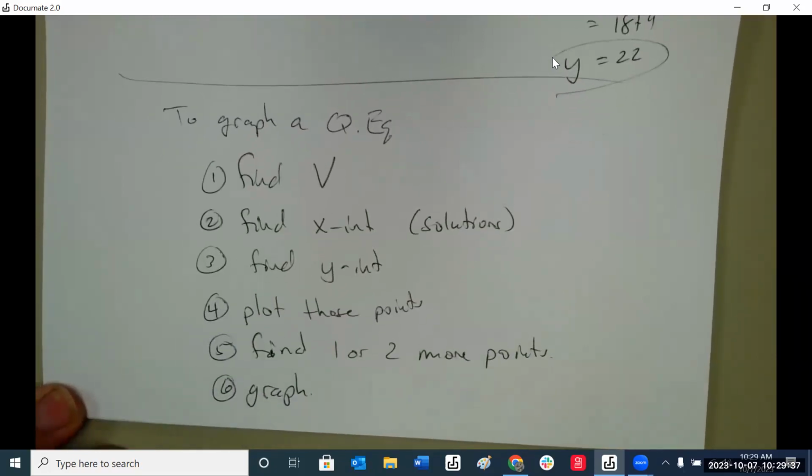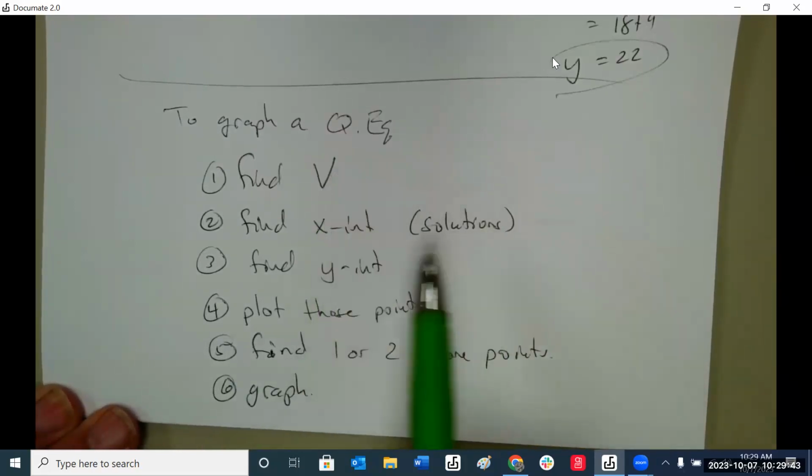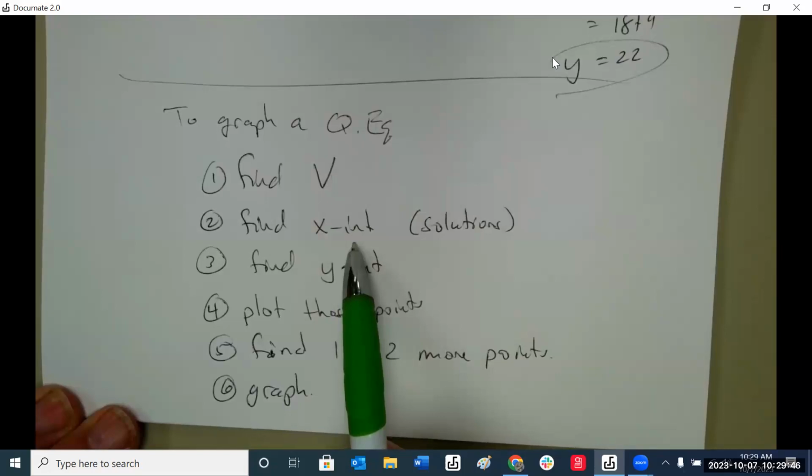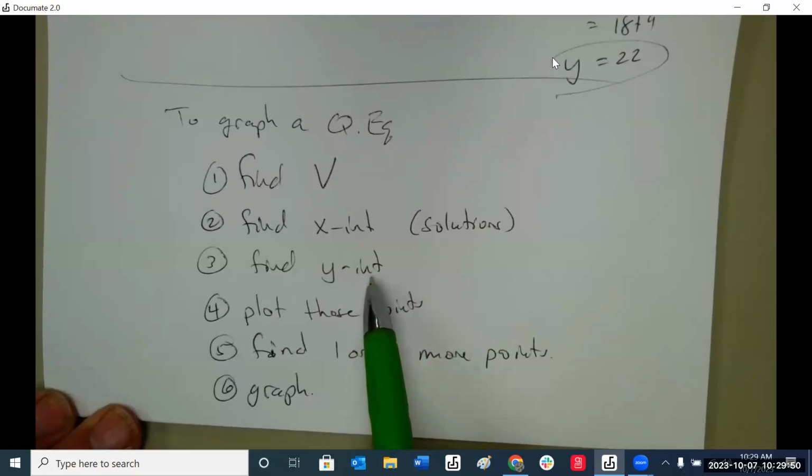That's all there is to it. Remember, the vertex is 1 point. The x-intercepts can be 1, 2, or no points. The y-intercept is 1 point.